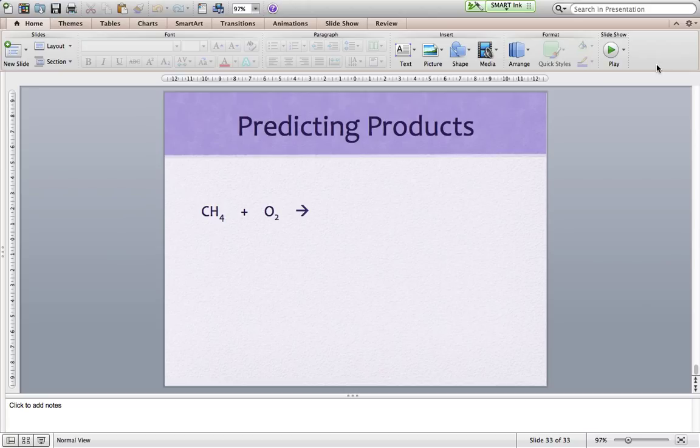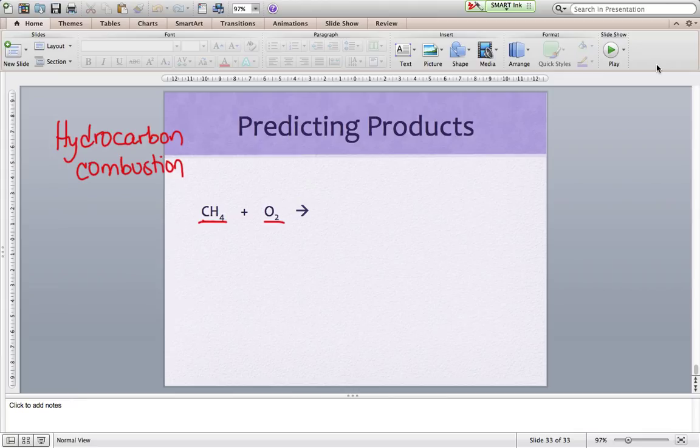And one of the types of reactions that you will need to be able to predict is hydrocarbon combustion. So that's a specific type of combustion where you have a compound called a hydrocarbon. Again, it contains just hydrogen and carbon, and that's being burned, which means it's in the presence of oxygen.